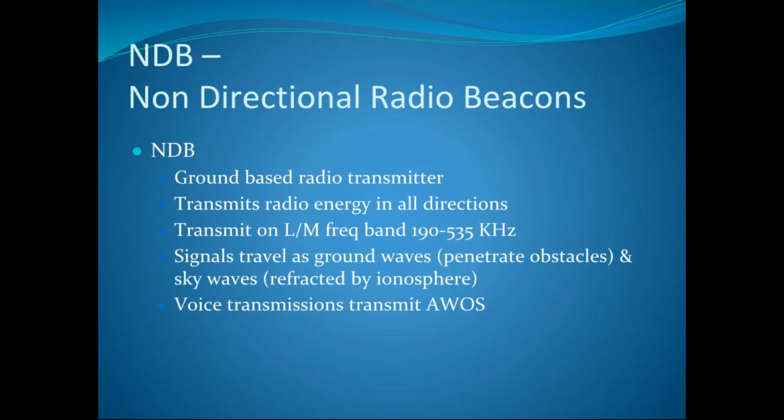Think of it as like an AM radio wave. You've got the FM stations that transmit at a much more clear and crisp signal. The quality of the signal is a lot better.